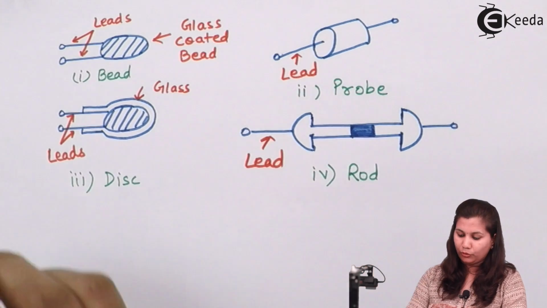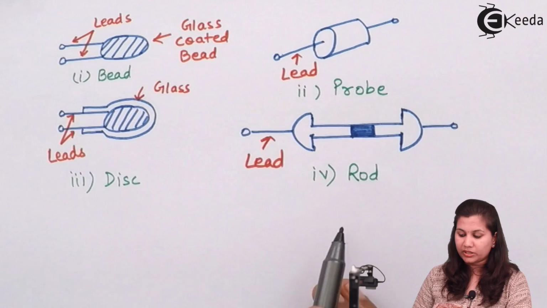So these are the four types in which the thermistors are available.